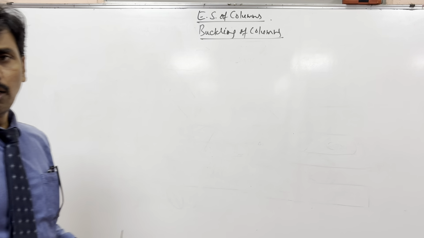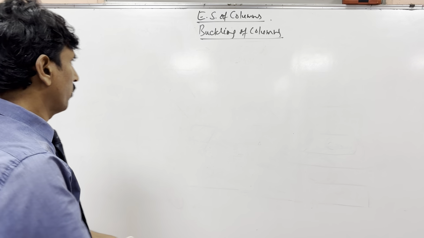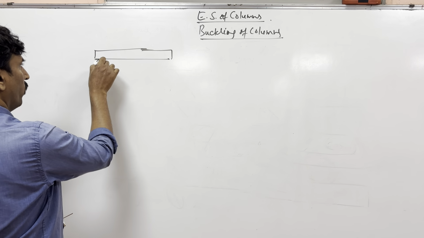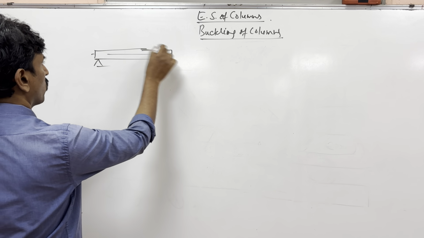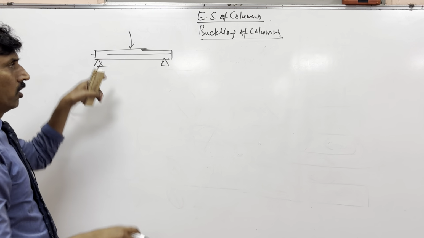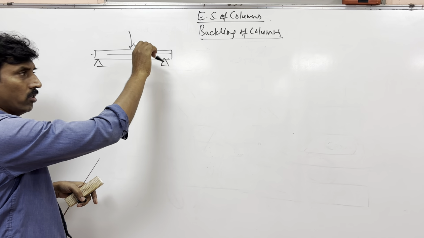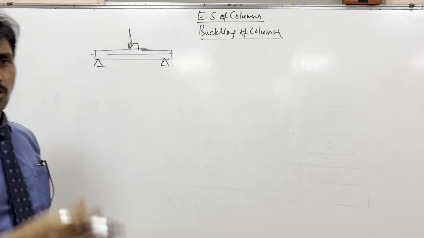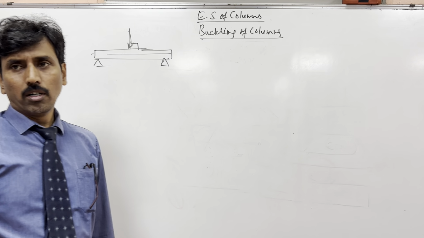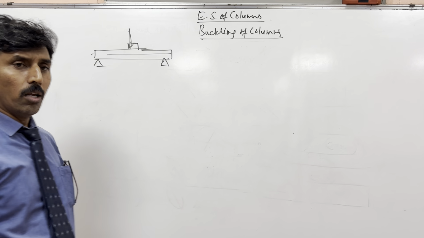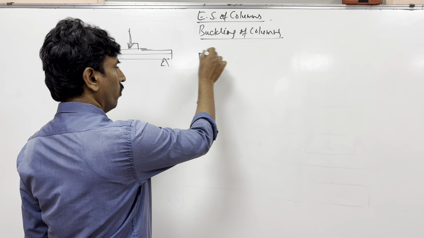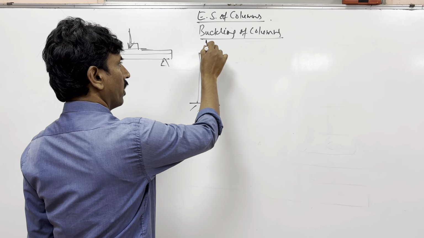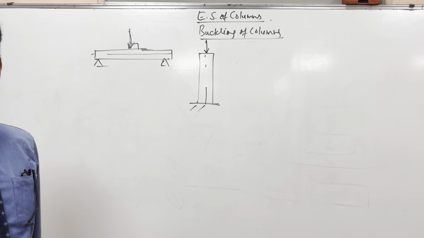Now we have already learned what a beam is. A beam is a structural member which takes transverse loads. Longitudinal means along the length, transverse means perpendicular to the length. So beams take transverse loads, and columns take the load along their length.